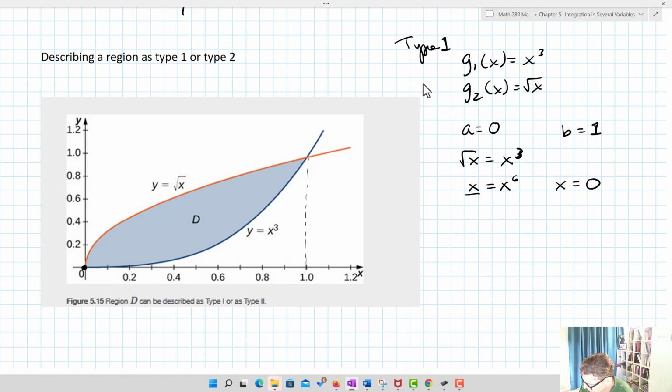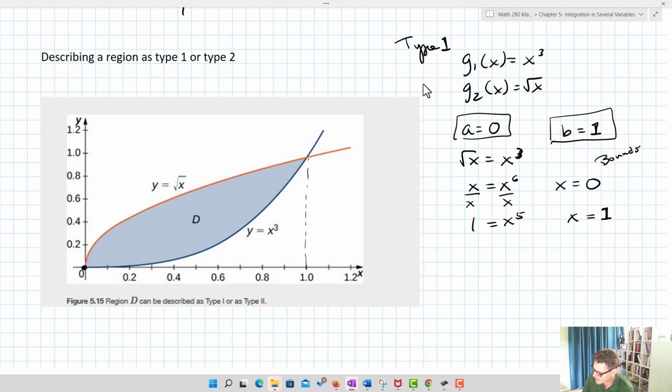And then we could also divide through by x, and that would give me that x to the 5th equals 1. So x has to equal 1. So x equals 0, x equals 1, and that gives me my bounds. Just a little review of how you could go about finding your bounds.